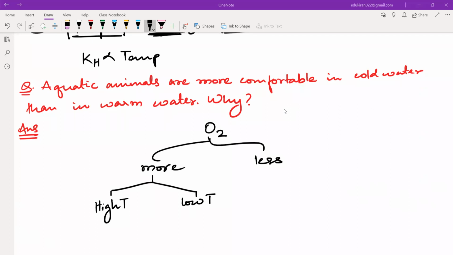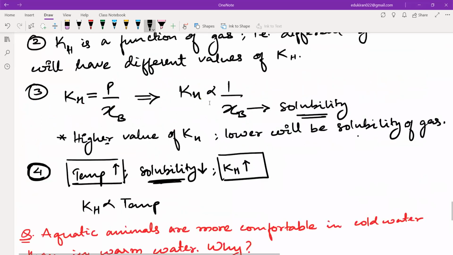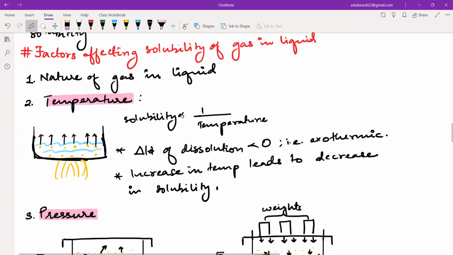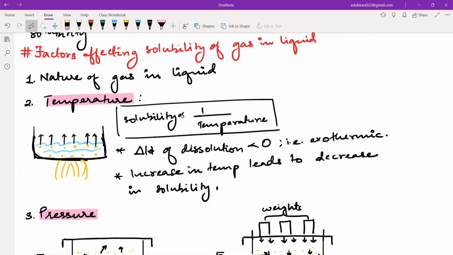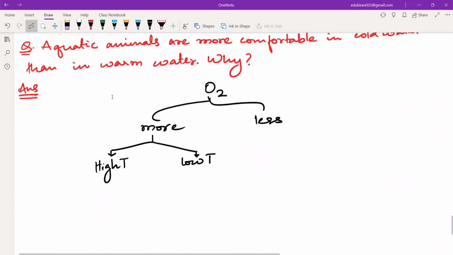Who said high temperature? जिसने भी high temperature कहा है, just go a bit back. यहाँ पे देखिए ना, solubility is inversely proportional to temperature है ना? So if the temperature is higher, O2 will be less available. Yes or no, guys? हाँ या ना?